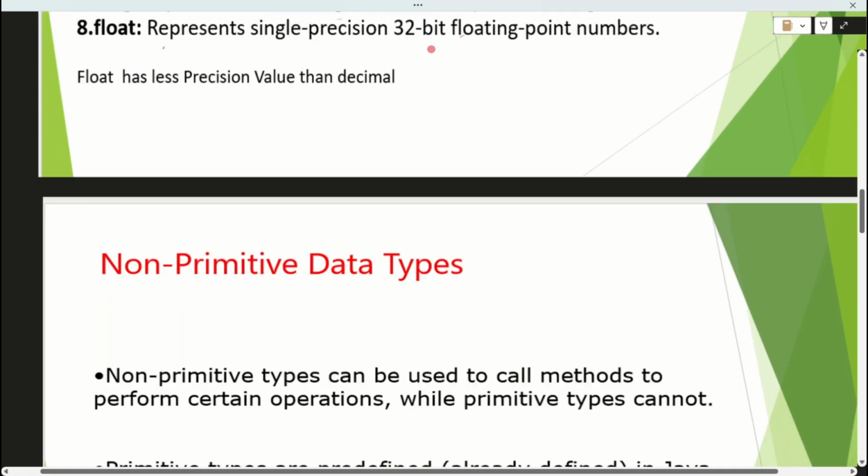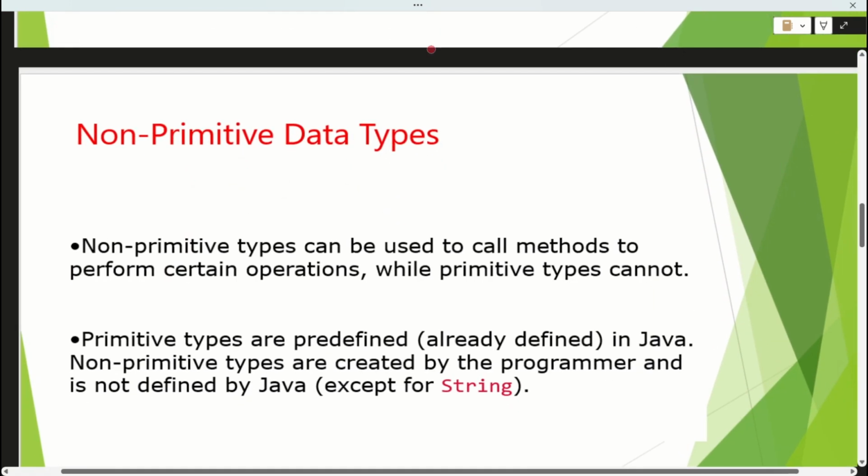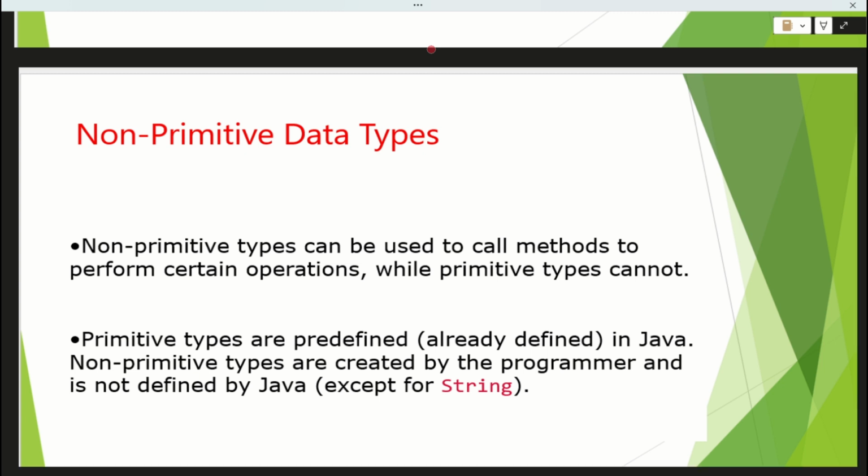Now see, what are non-primitive data types? Non-primitive data types are breakable. Suppose there is an array, so you store 5, 4, 6, so these are breakable. You can say it is the opposite of a primitive data type.